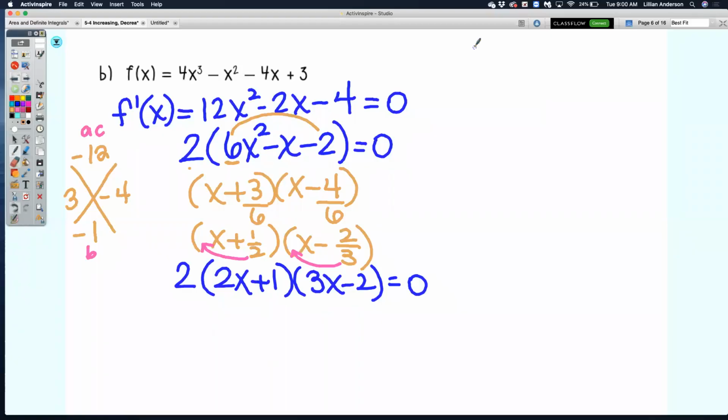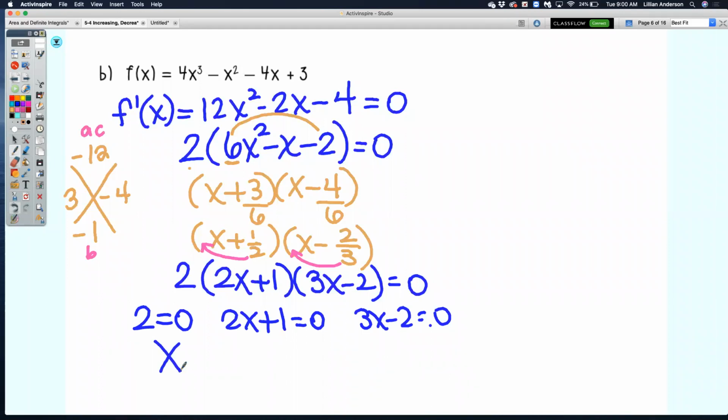So now that we have our factors, we are going to set them equal to 0 and solve. Remember, these are the values that we're going to put on our number line. So I'll have 2 is equal to 0, 2x plus 1 is equal to 0, and 3x minus 2 is equal to 0. Now, first off, 2 equals 0 is nothing, okay? You're not going to get a solution there.